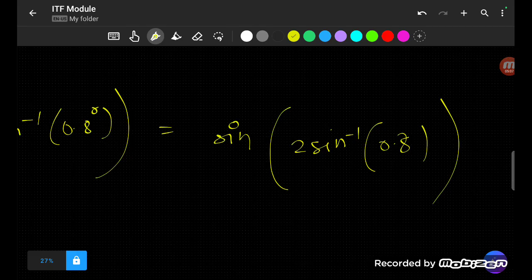Okay, so you have sine inverse 0.8 here.